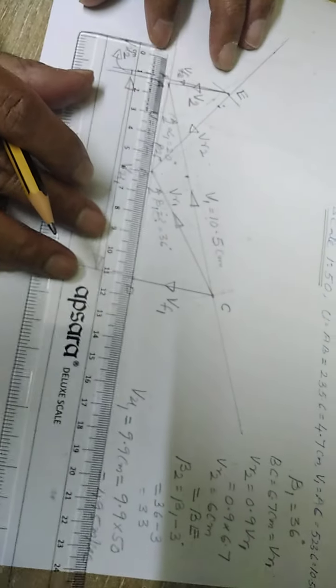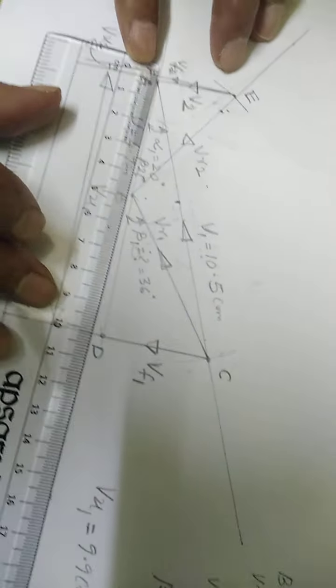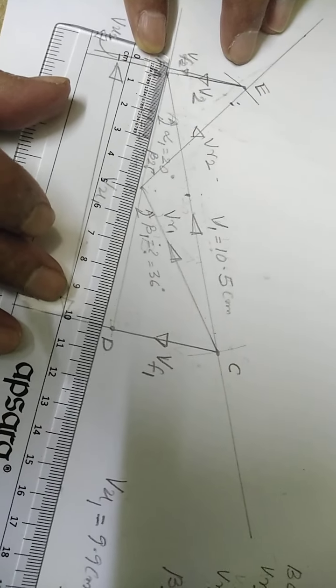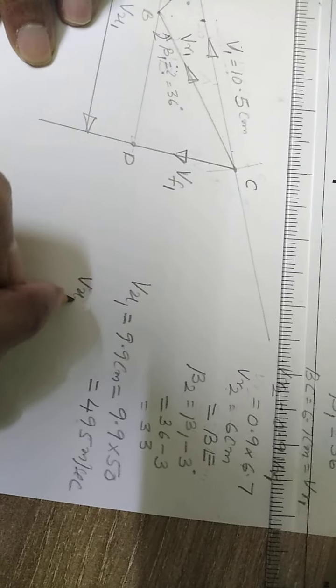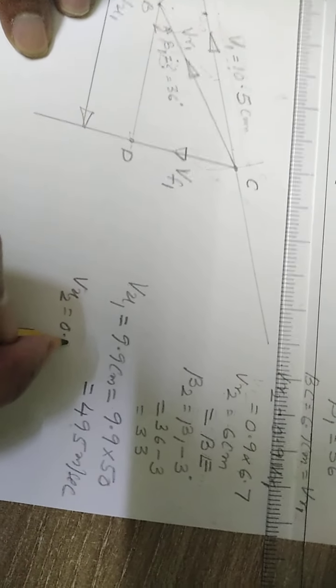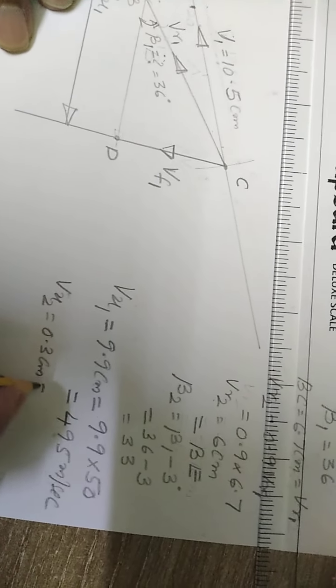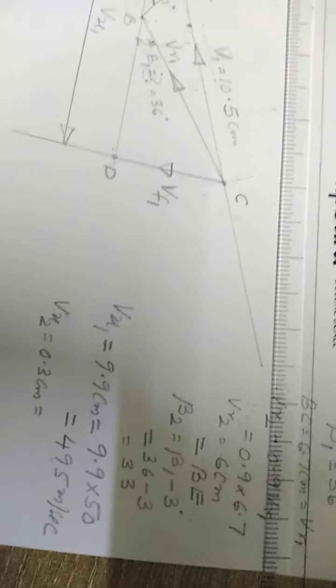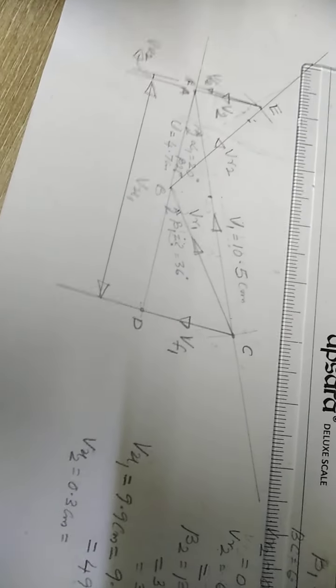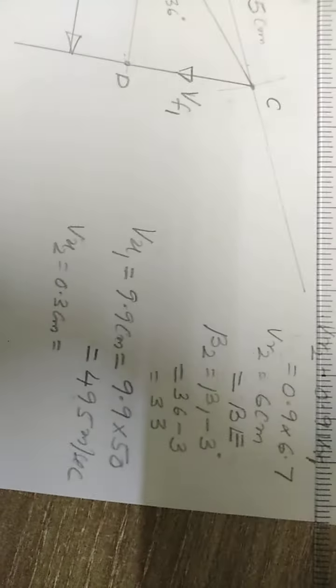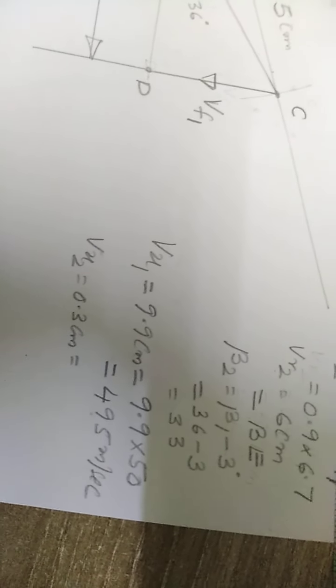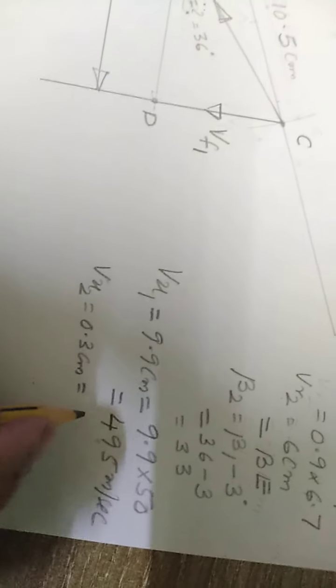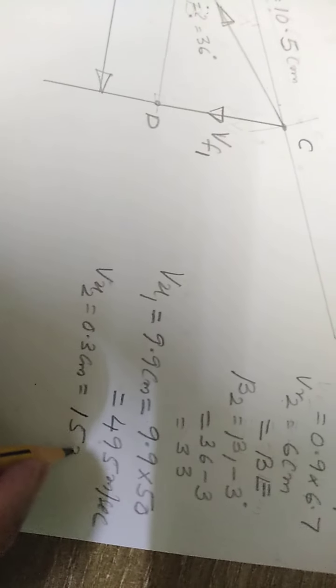Similarly, you measure VU2. VU2, how much will you get? 0.3 centimeters. So by using your scale, convert 0.3 into 50. It is 15 meters per second.